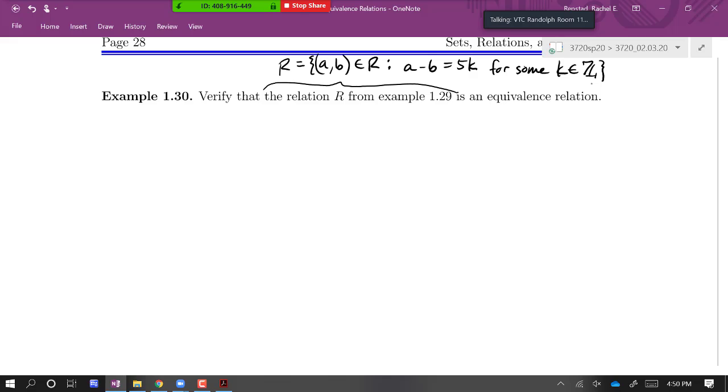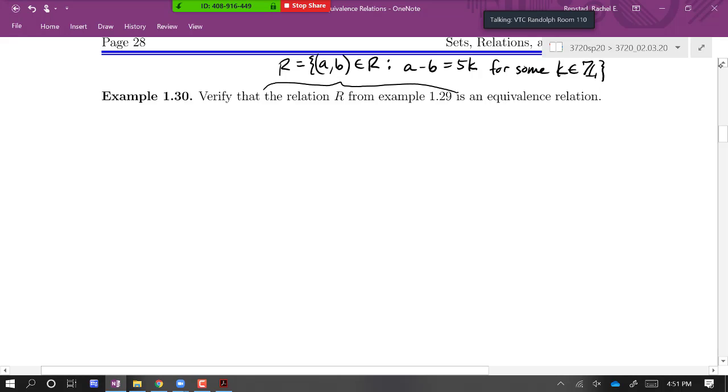Quick question before you start. You wrote for some k in Z. Did you write for all k in Z, or does that mean something else? It means something else. For all k in Z would mean that no matter which k I pick it's that multiple, and a minus b isn't going to be every multiple of 5.